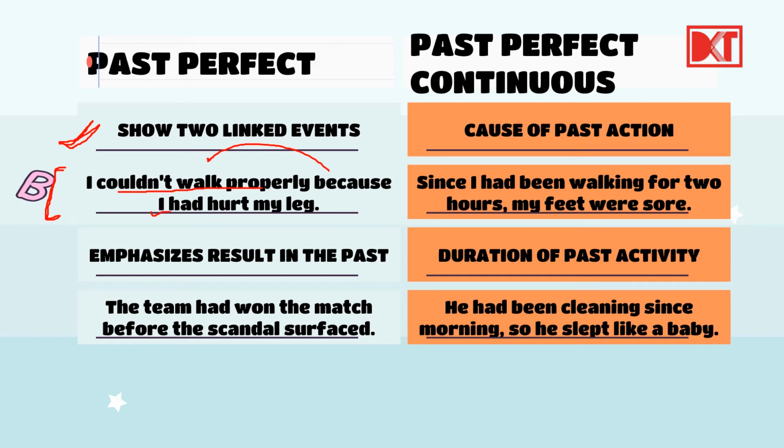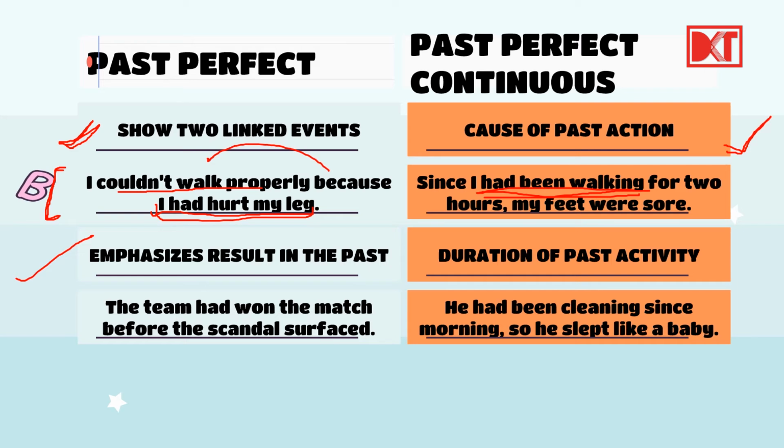I had hurt my leg, so this one is conjugated in past perfect. Past perfect continuous focuses on the cause of a past action, like since I had been walking for 2 hours, my feet were sore.